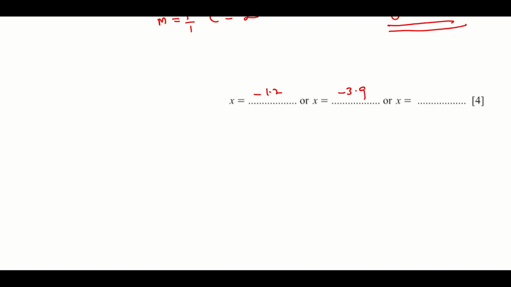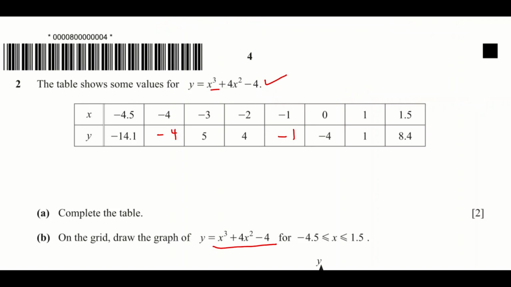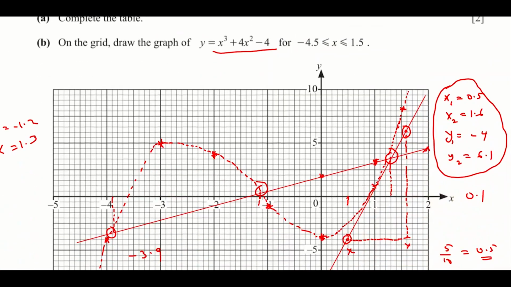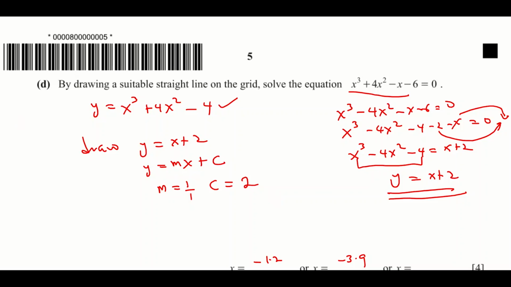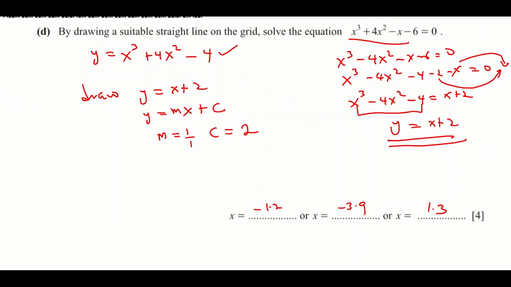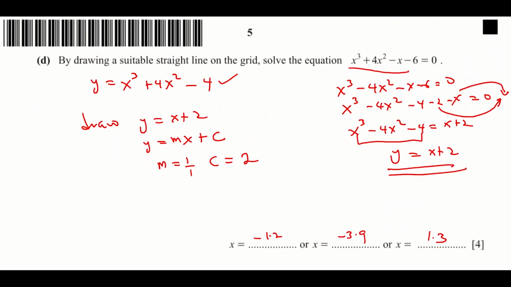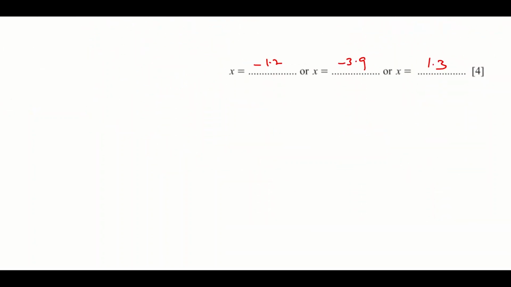And the third one, let's go back, is 1.3. So x equals 1.3. So these are the values of x when you have this equation. Let's go to the next question.